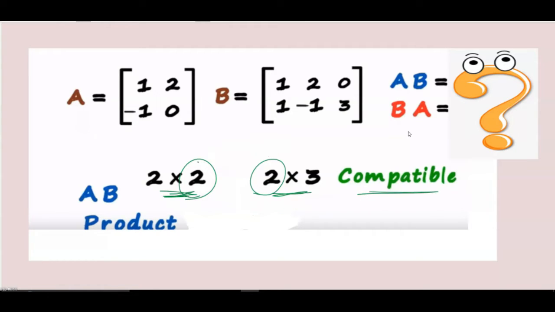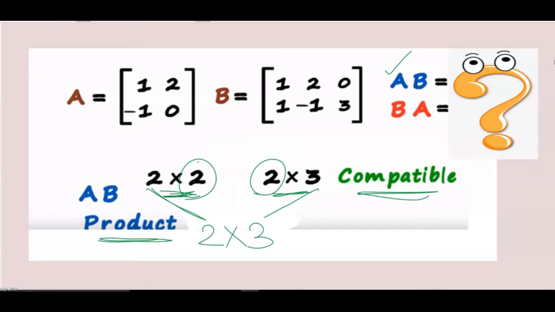So these are compatible. We can find AB. Now, what will be the order of the product matrix? That is this 2 and this 3. After multiplication, the order of the resultant matrix will be 2 by 3.